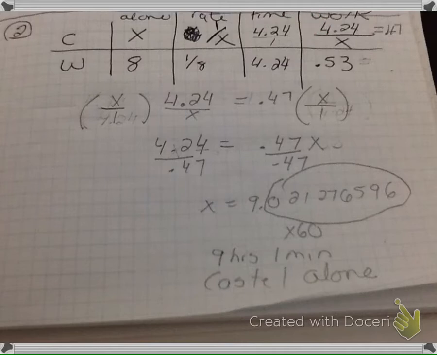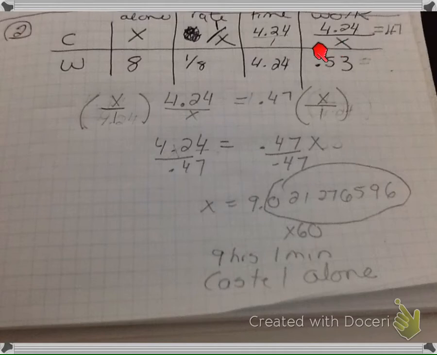Okay, now, we know that this plus this has to equal one whole, so we can actually use this part right here to set up an equation. If Willie does 53 hundredths of the job, then what is 1 minus 53 hundredths?